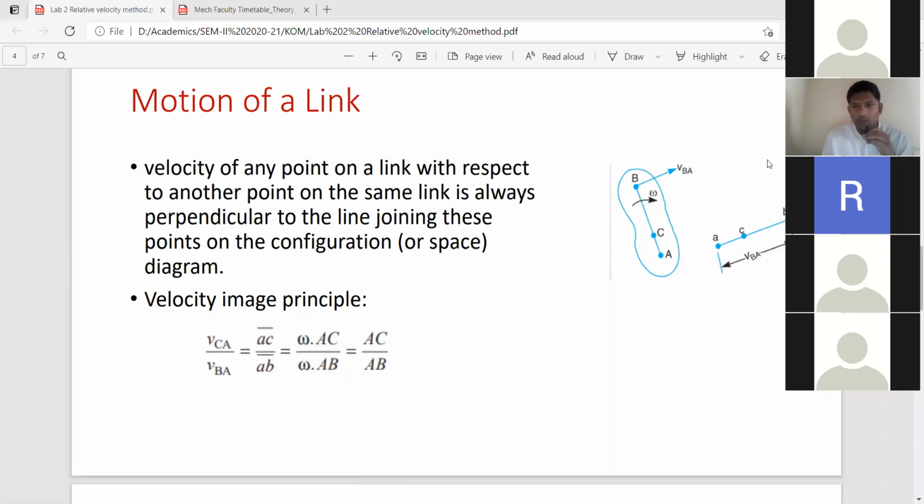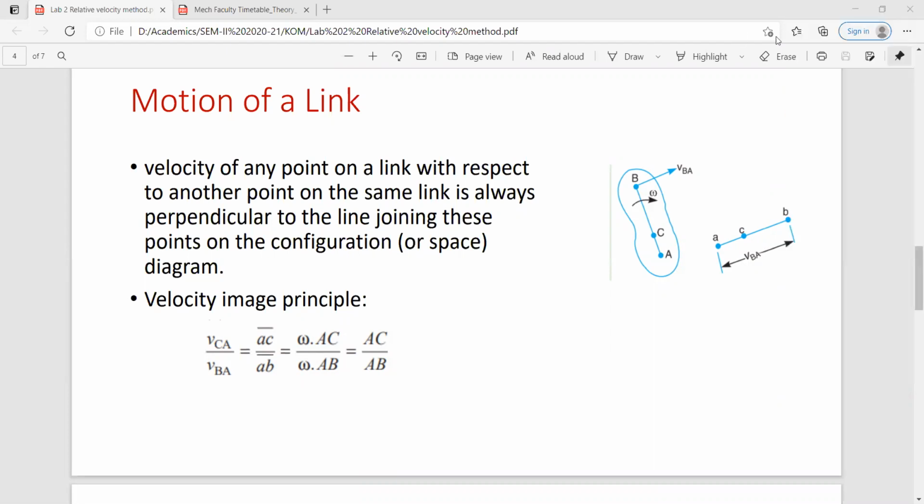Okay. So I will explain you this method known as relative velocity method, right? So before doing that, I will one more time explain you that what is important here. Okay, so this particular topic is very important.